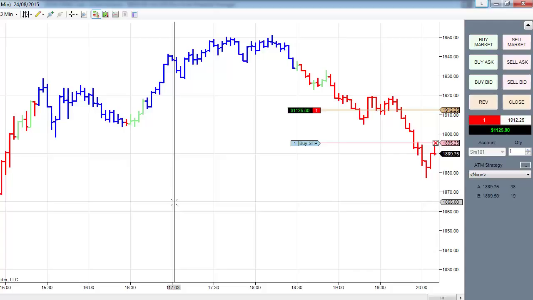At this minute in time, it is going quite nicely, and you can see it hasn't, as we speak, broke up through that particular high. If it does, let's get out of it.